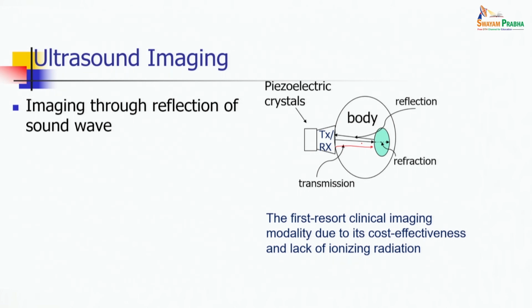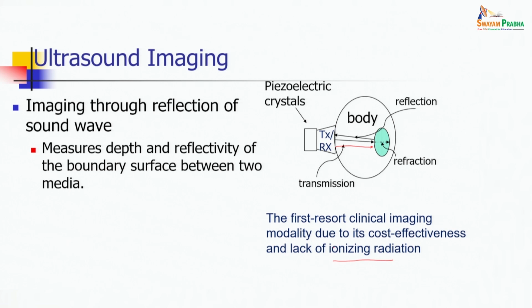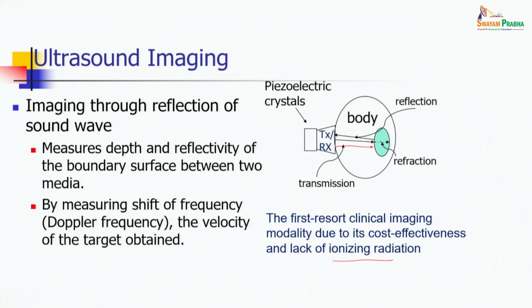This is very cost effective, and since it does not require any ionizing radiations, it is safe to use. It measures the depth and reflectivity of the boundary surface between two media.